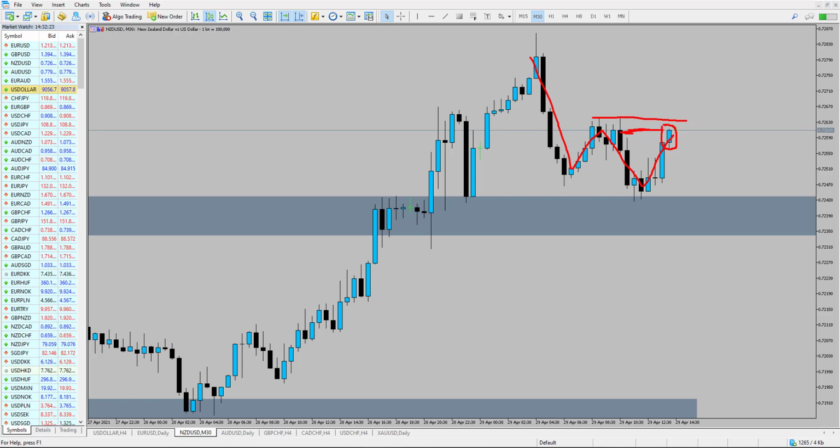We did talk about in the past the 38.2 Fibonacci and the 23.6 Fibonacci tool. The 23.6 Fibonacci tool for me is where price has extended too much and we're going to see a reversal in the trend.